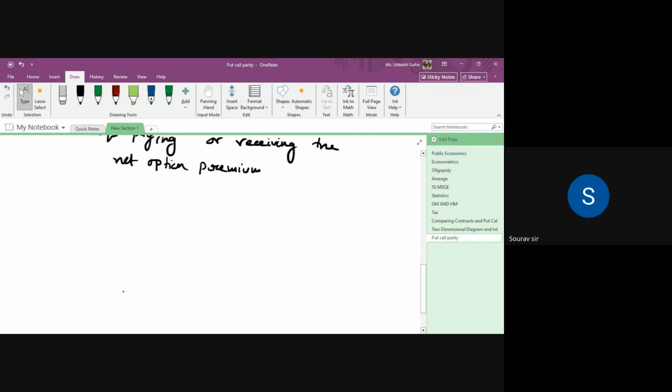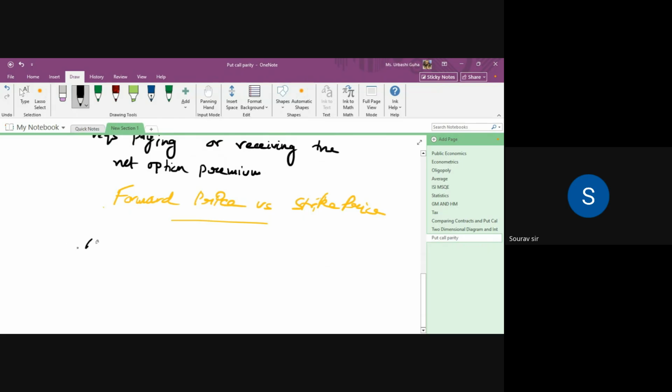Now the forward price versus strike price. Forward means actual forward, so you agree today to buy the asset.